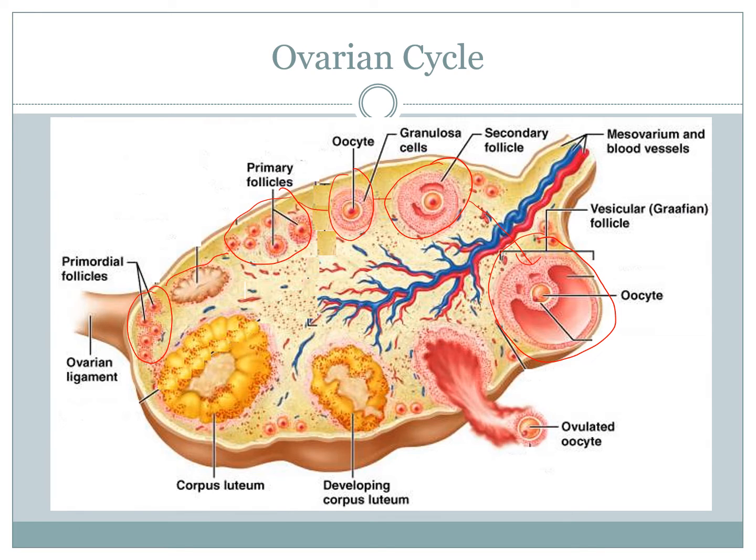So a graafian follicle is what it's called. Now this graafian follicle will stimulate the increase of our luteinizing hormone with the help of the estrogen that's being produced. It will increase the luteinizing hormone and we'll get a luteinizing surge. And then it will cause ovulation. So the luteinizing surge causes ovulation.